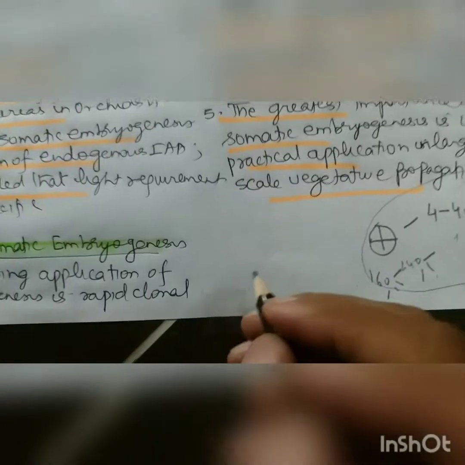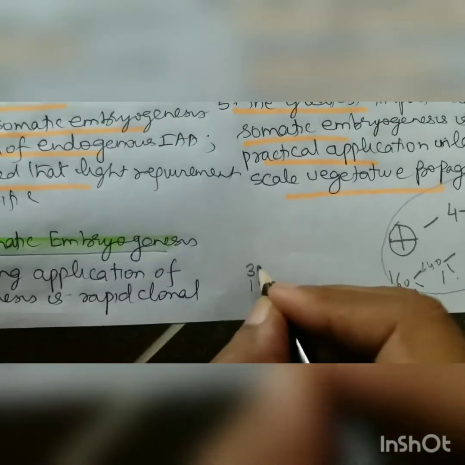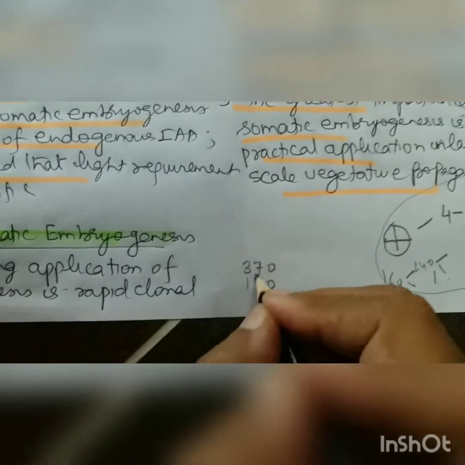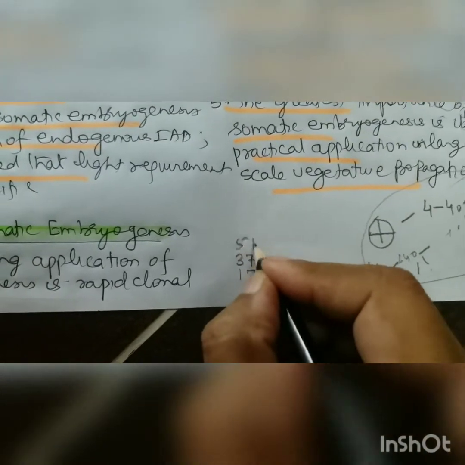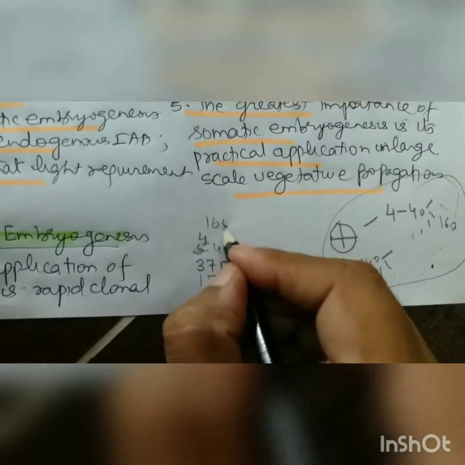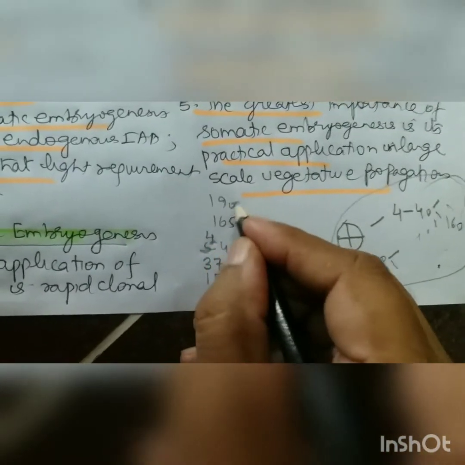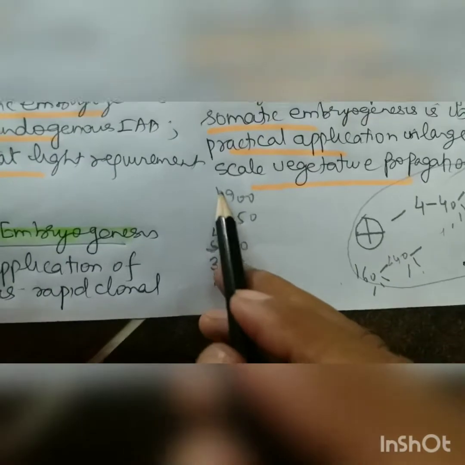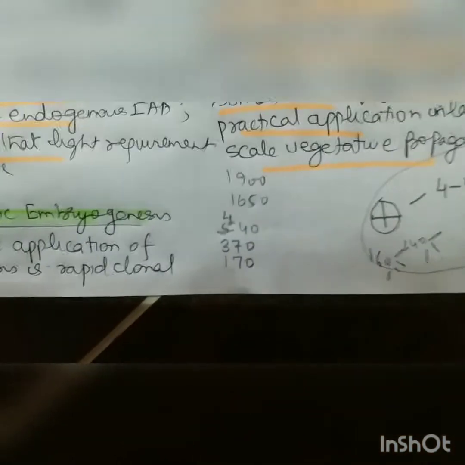I told you the way of revising the macros, very easy, right? 170, 370, total is 540, but you will get a big shock, 440, 1650 and then 1900, right? This we know: potassium nitrate, ammonium nitrate, calcium chloride, magnesium sulfate and potassium dihydrogen phosphate.